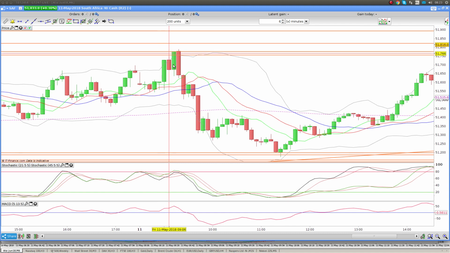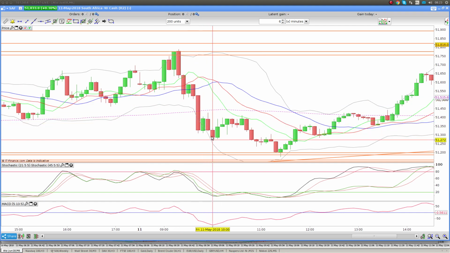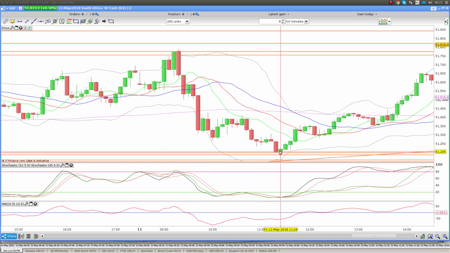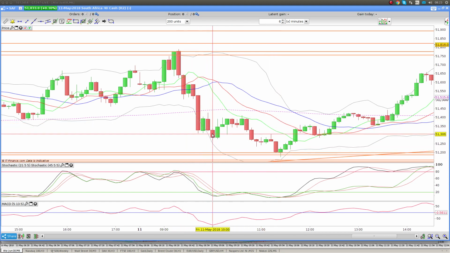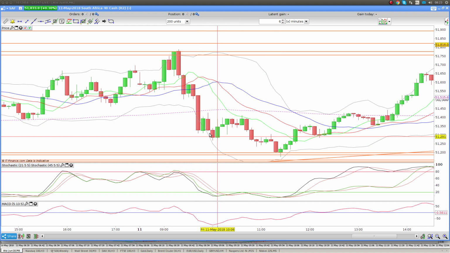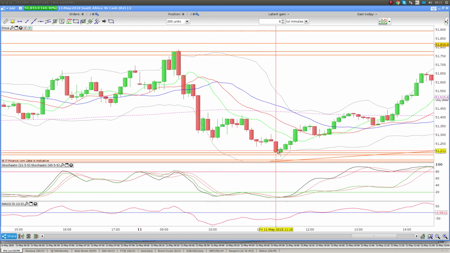So here's my first push down to there, and when I'm defining a push, it's breaking the Bollinger Band or on the Bollinger Band down here. So that's the first time it hits the Bollinger Band. This is the second attempt at getting to the Bollinger Band, and then we have a third attempt there. Sometimes it only does twice before turning, and other times it comes to the 3. The point is when it does 3 pushes down, it's a higher probability trade.